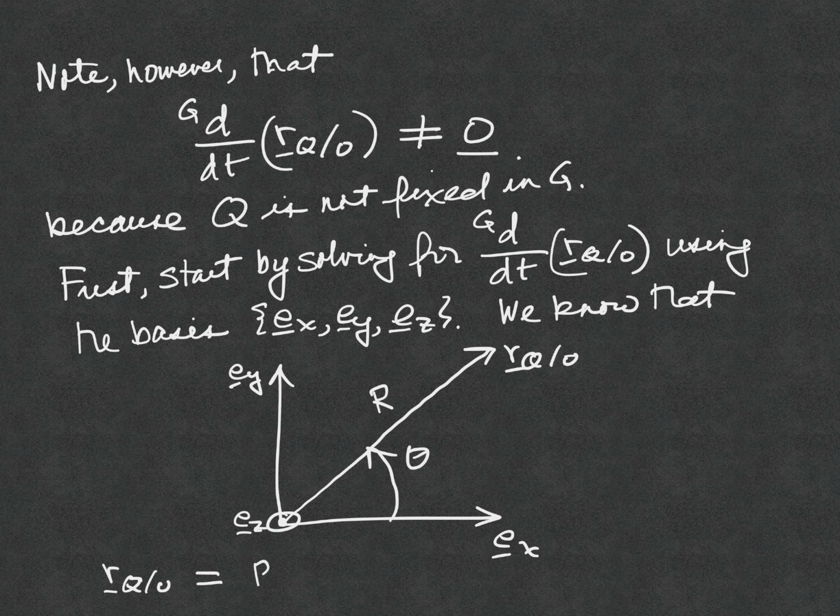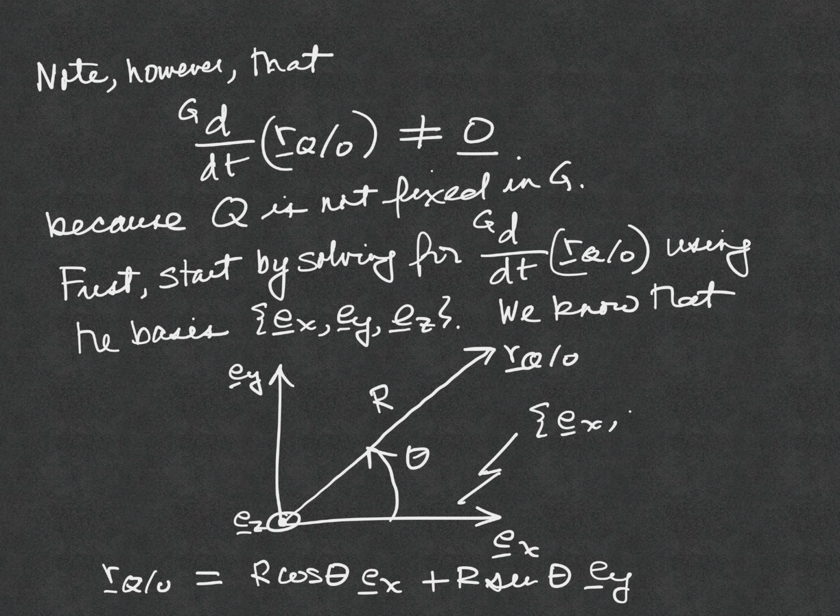It has a component of R cosine theta in the EX direction plus R times the sine of theta in the EY direction.